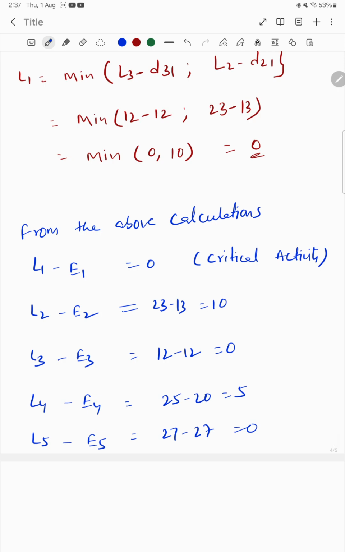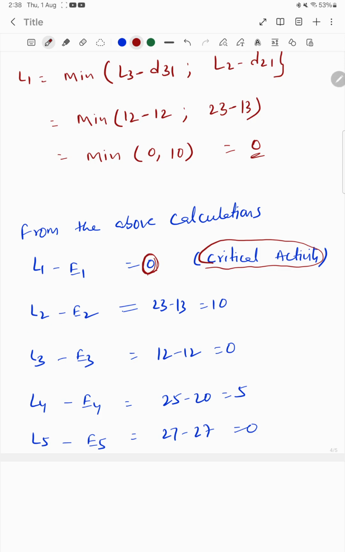From the calculations, L1 minus E1 is equal to 0, therefore it's a critical activity, because this 0 represents the float. Wherever the float is 0, that activity has zero delay, meaning it can be finished within the time.